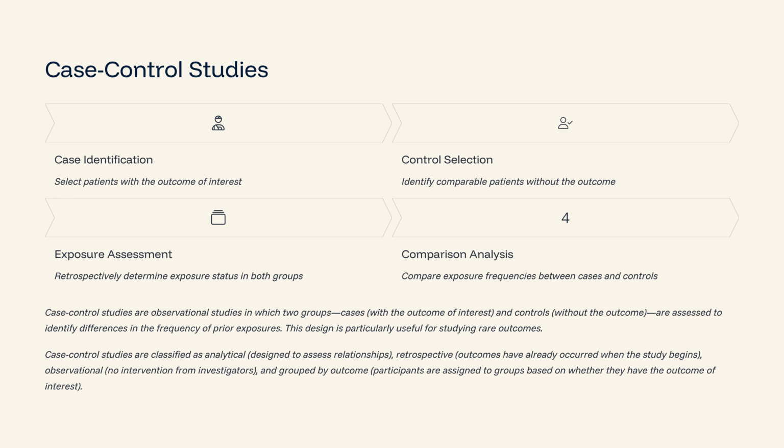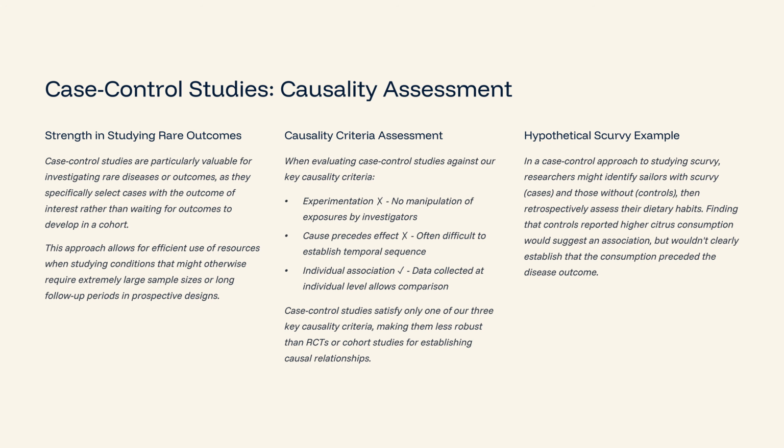So case control studies are generally classified, as we saw earlier, as analytical, retrospective, observational, and grouped by outcome. What about the causality assessments and their ability to do that for case control studies? Really, they only check off one box: individual association, data collected at the individual level.